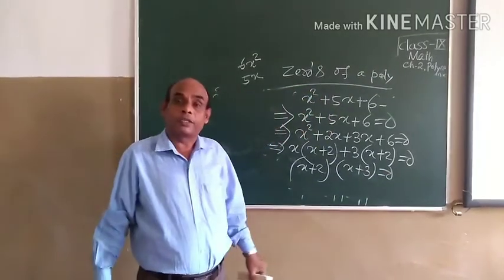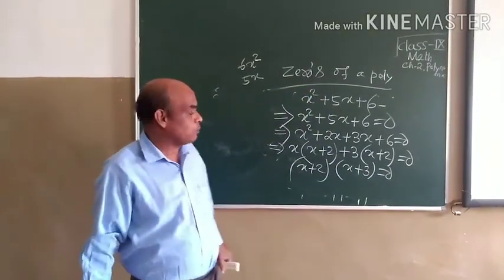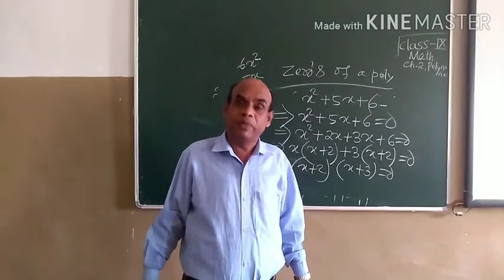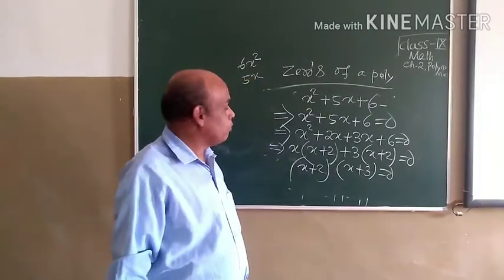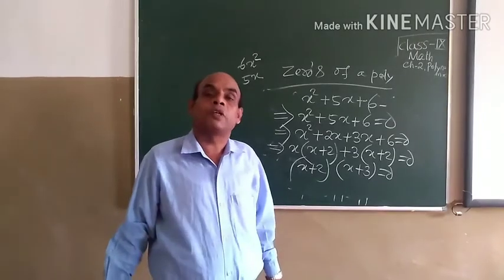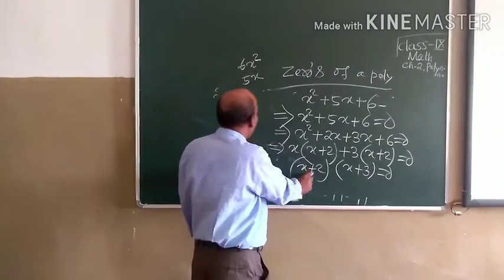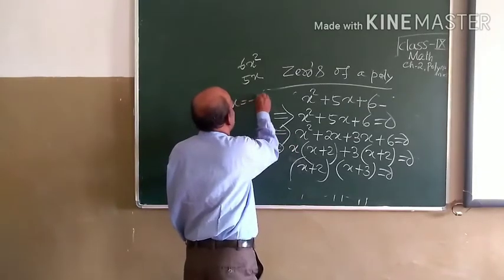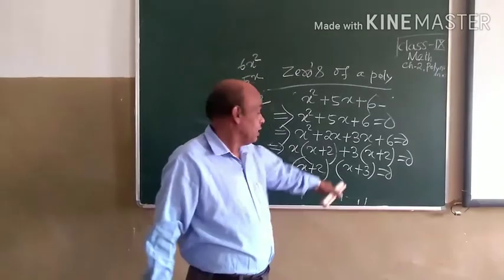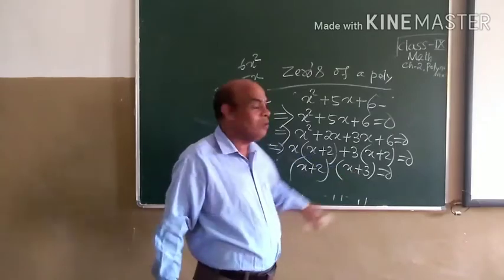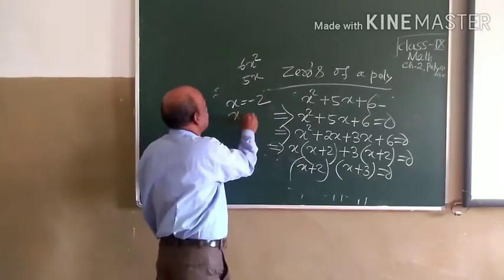So x plus 2 into x plus 3 is equal to 0. It means x plus 2 may be 0 or x plus 3 may be 0. If x plus 2 is 0, the x value will be minus 2. And if x plus 3 is 0, the x value will be minus 3.